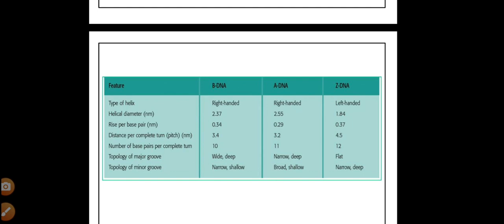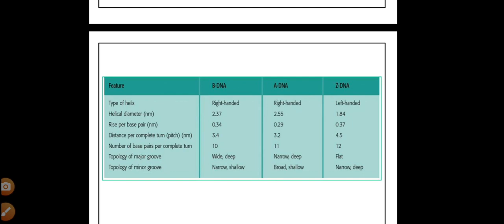Okay, and the distance between two base pairs is 0.34 nanometers in B DNA, 0.29 nanometers in A DNA, right? 0.37 nanometers in Z DNA.